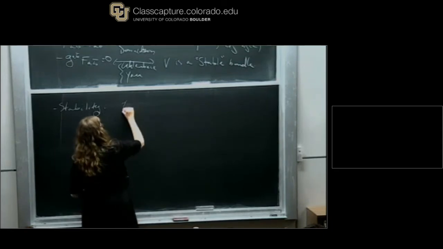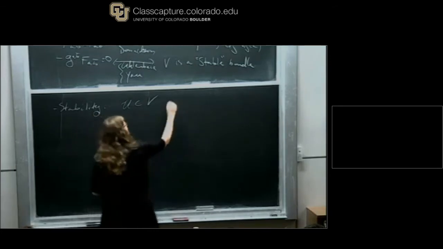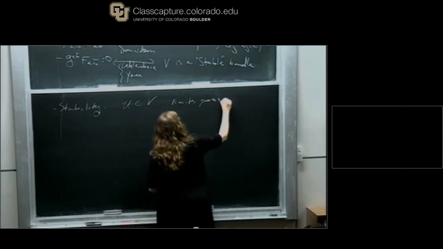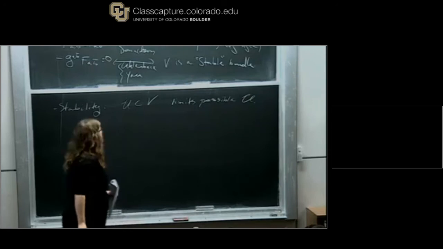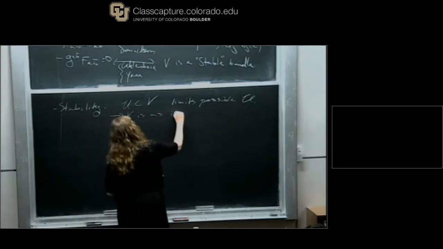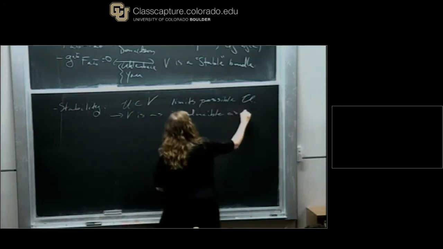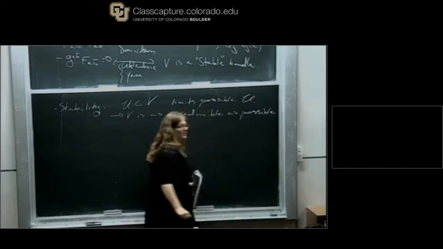So let's have a U inside V. It basically limits possible U's. So very intuitively, what it's saying is V is as irreducible as possible. I'm going to make this more precise later for anybody who's interested.